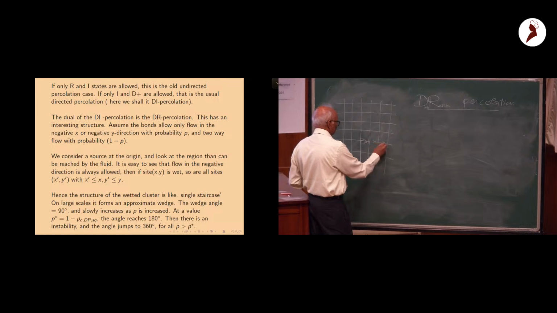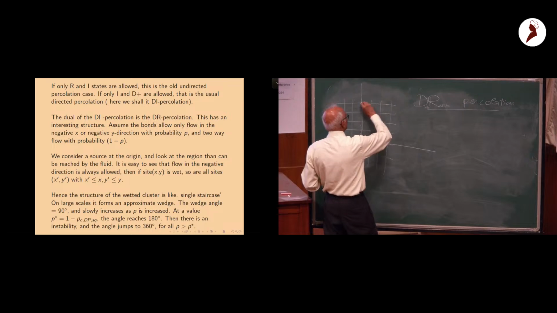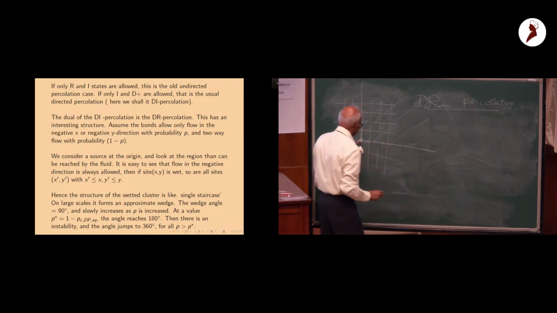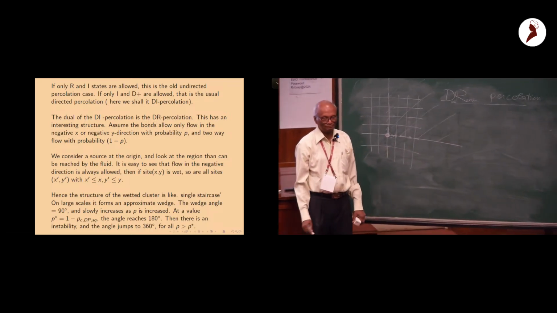So all bonds allow flow like this. If I start with a source here, all these sites will be reachable by the source here, and all the other sites will not be reachable. Okay.